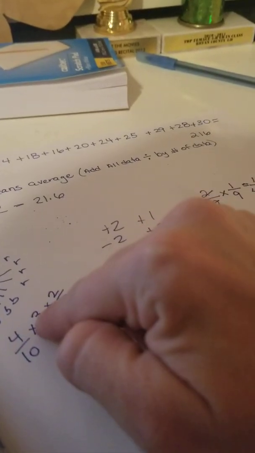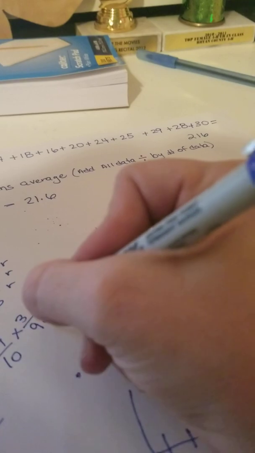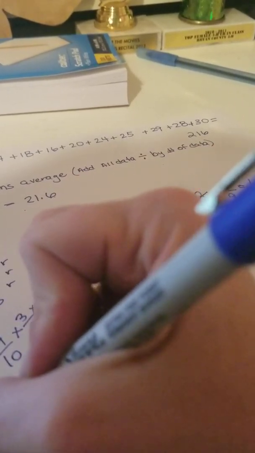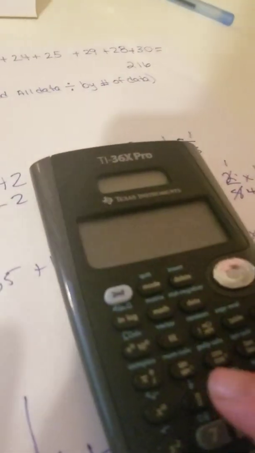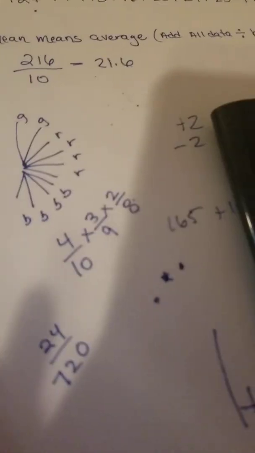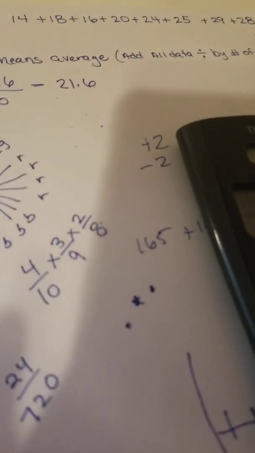Okay. 12, 24. 90 times 8. 720. Calculator. 24 over 720 is 1 out of 30.